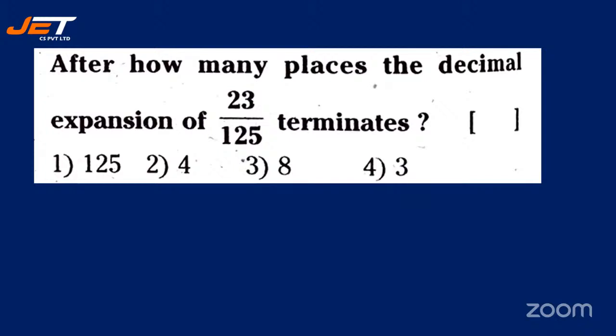So what you have to do is just to divide 23 by 125. So after how many places the decimal expansion of 23 by 125 terminates?